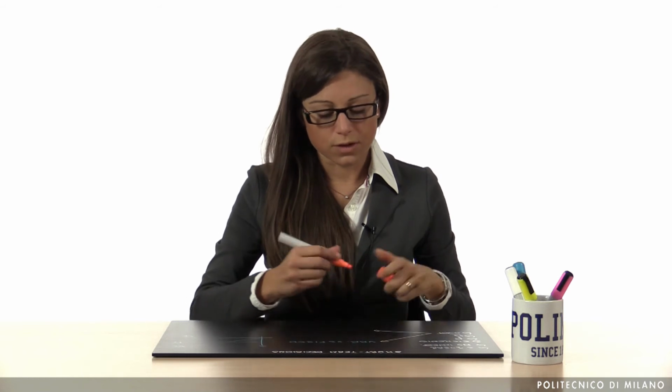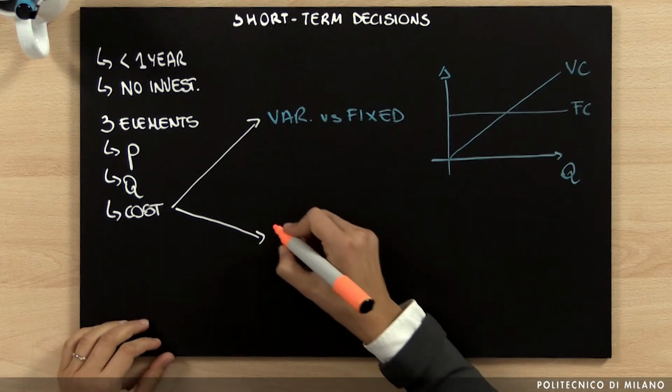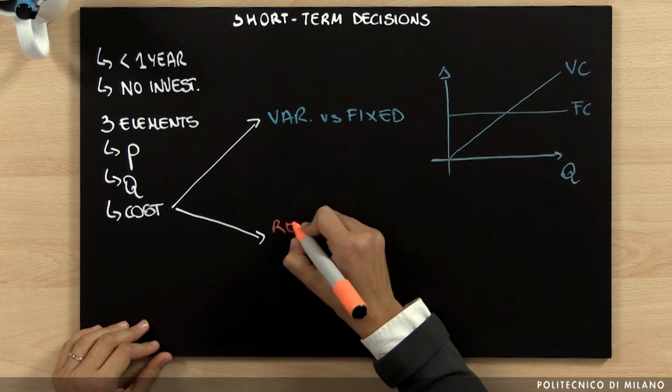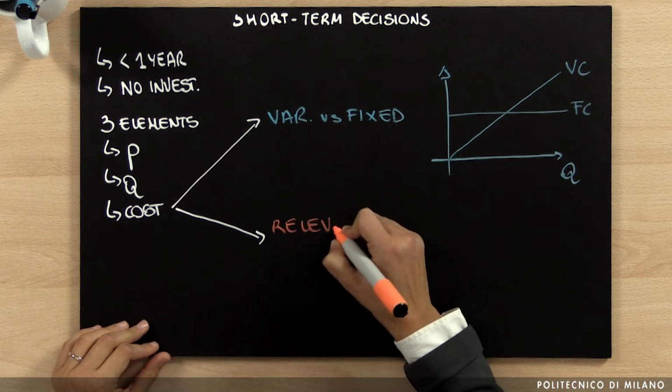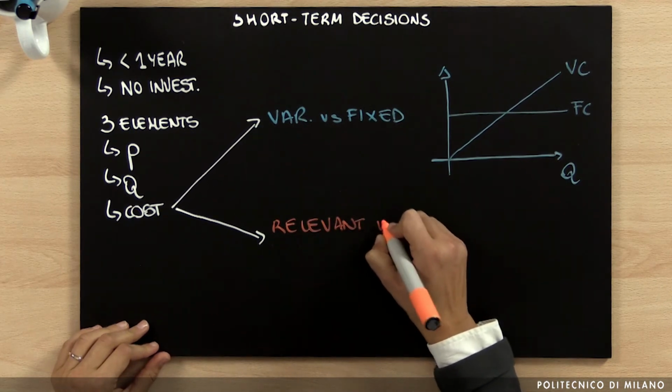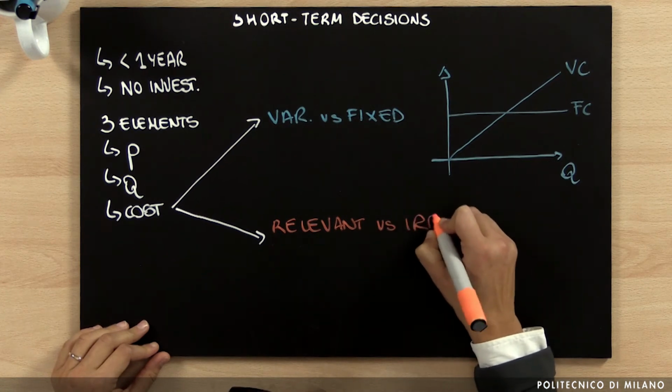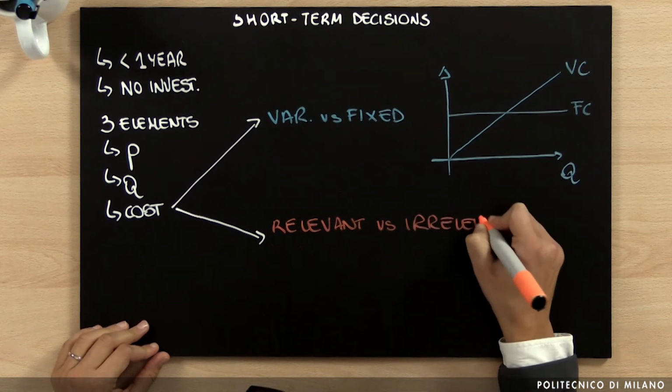So this is the first classification that we need when we deal with costs in short-term decisions. But then we need to keep in mind another classification of costs: the distinction between relevant versus irrelevant costs. In this case, the differentiating element is the decision itself.